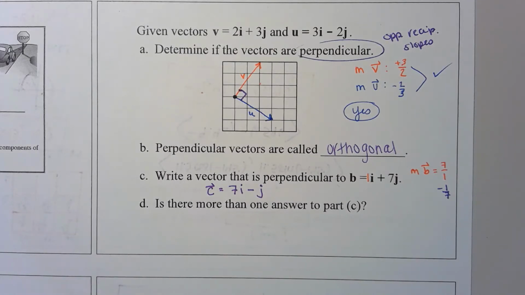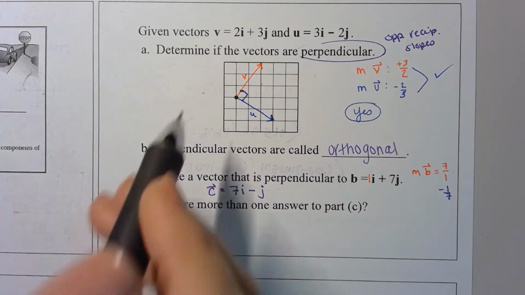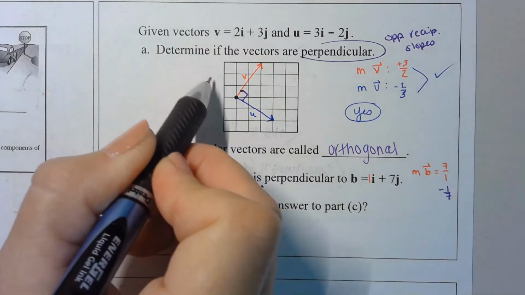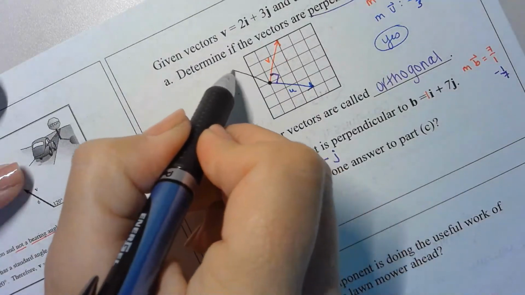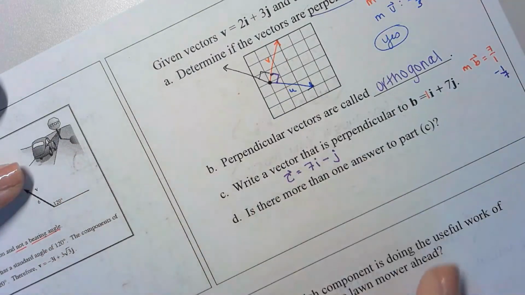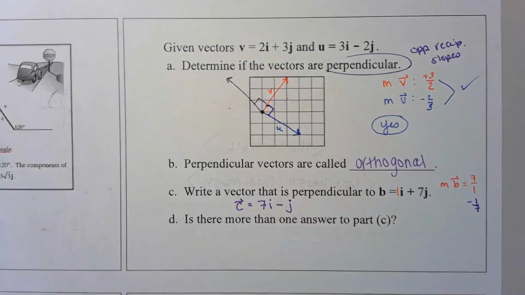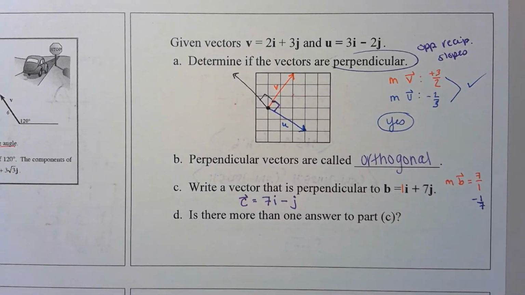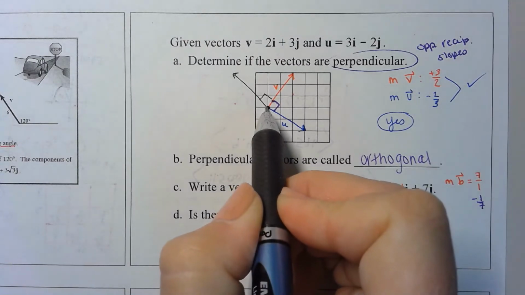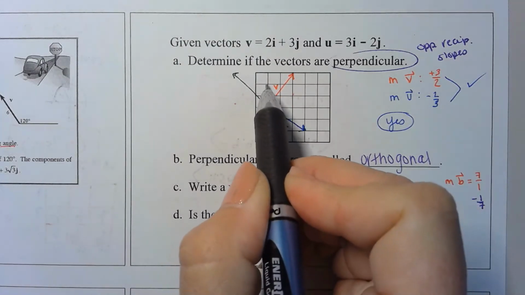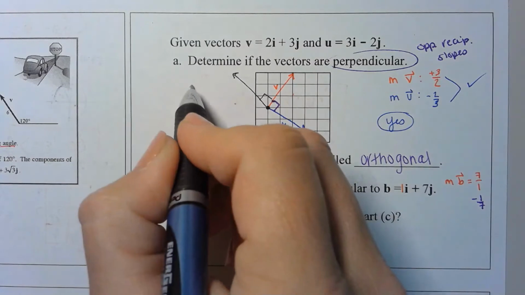Vector U is orthogonal. It's not the only one. What if I had gone the other direction? Right, I'm going to turn my paper just for a second. What if, oh, that's not very great, but what if I had that picture? Not great, I know, sorry. Well, think about this one went down 2 and right 3. This would have gone up 2 and left 3.